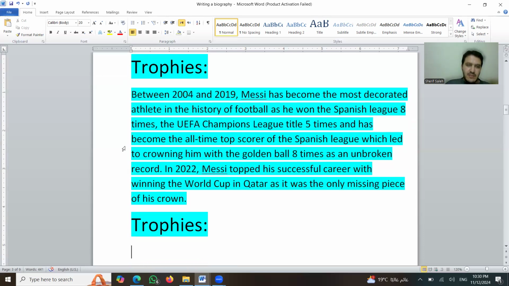And then we can speak about his current or recent career.